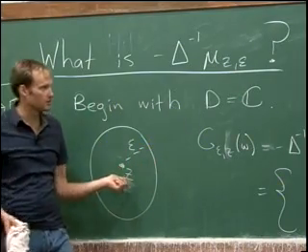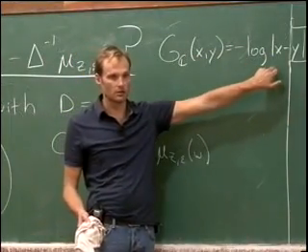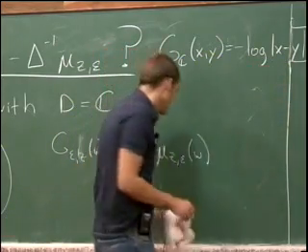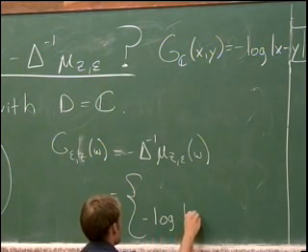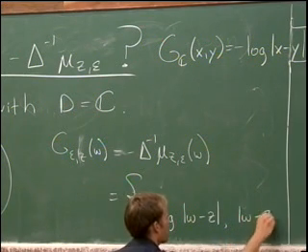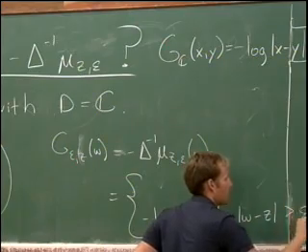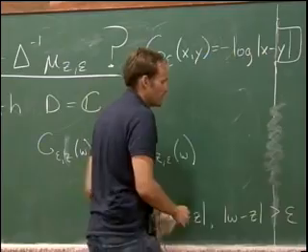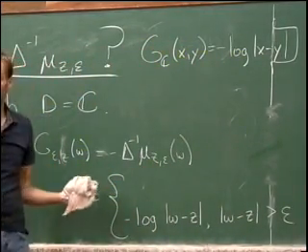That means the Green's function for this particular thing is given exactly by this when you're outside the circle, with the center point z. So if you're outside the circle, the potential is just negative log of w minus z.